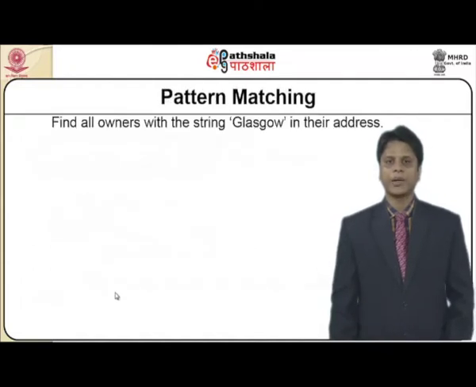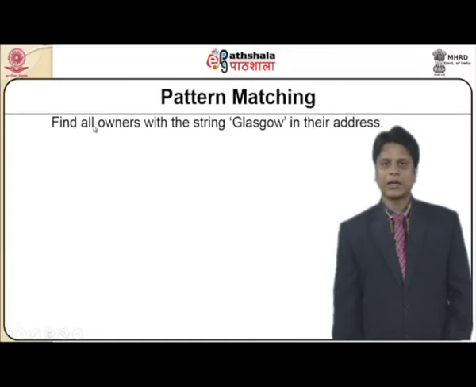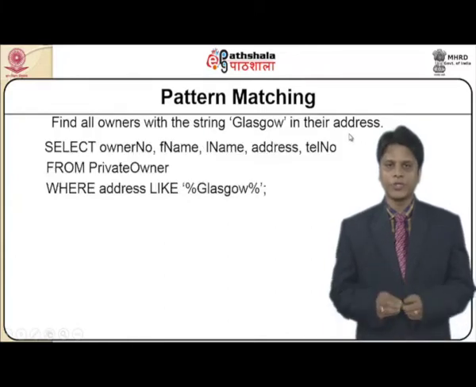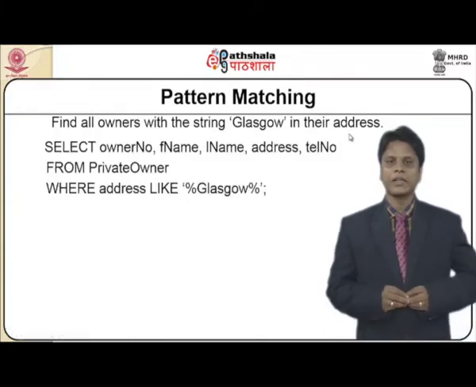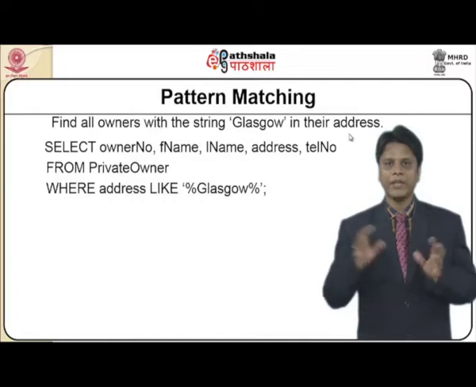Now we will look at pattern matching values. For example, find all owners with the string Glasgow in their address. I am supposed to find the list of owners who have the address string Glasgow from the entire table.